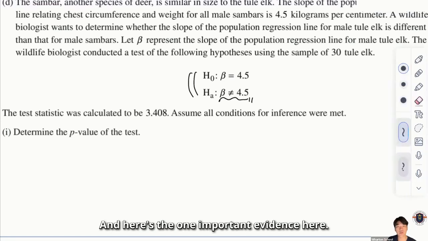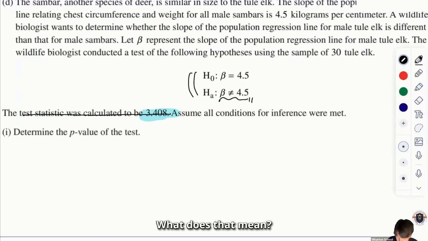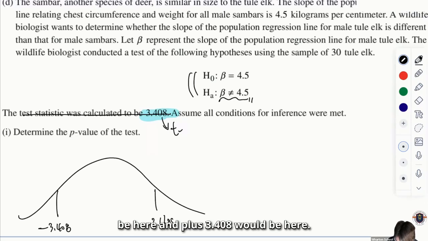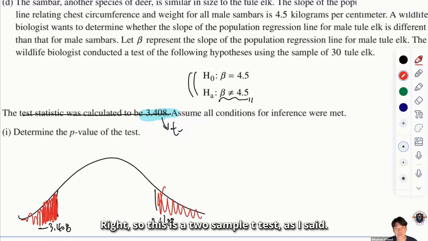And here's the one important piece of evidence: the test statistic t was calculated as 3.408. This is our t statistic. If you draw a plot, minus 3.408 would be here, and plus 3.408 would be here. So the probability that the value of beta would be outside of this range, right? This is a t-test, as I said.